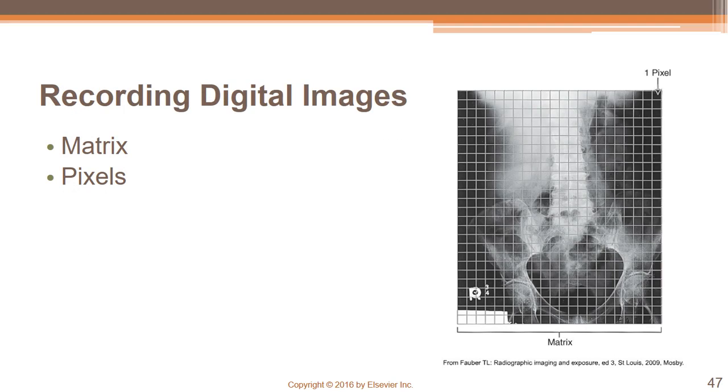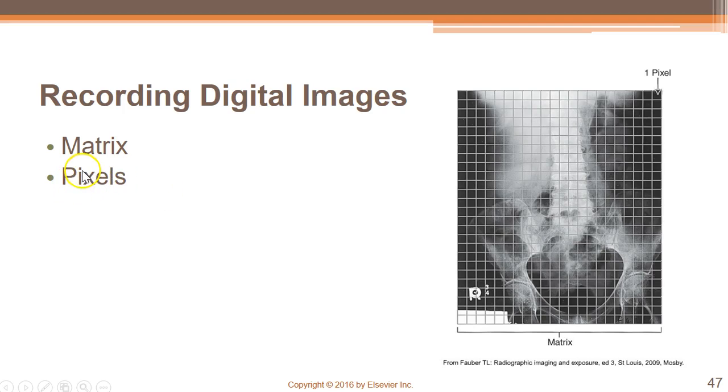Now, when it comes to taking that digital image and recording it and then creating the image out of it, we have to talk about something. It's recording on a matrix, and that's a combination of rows and columns, and usually small square picture elements called pixels. And believe it or not, you may actually be asked one day, what is a pixel?